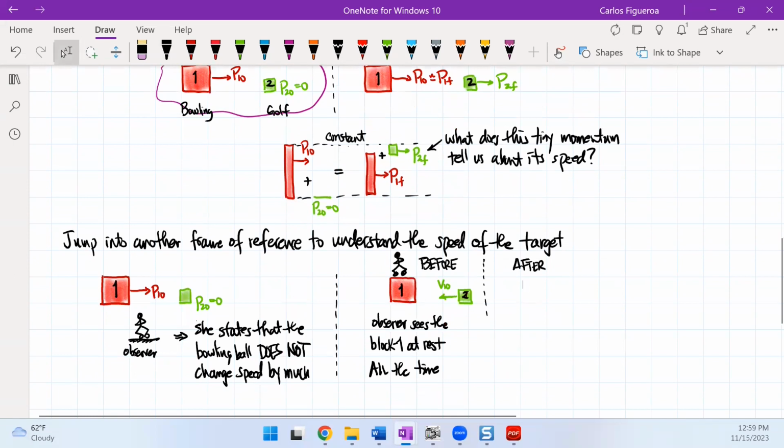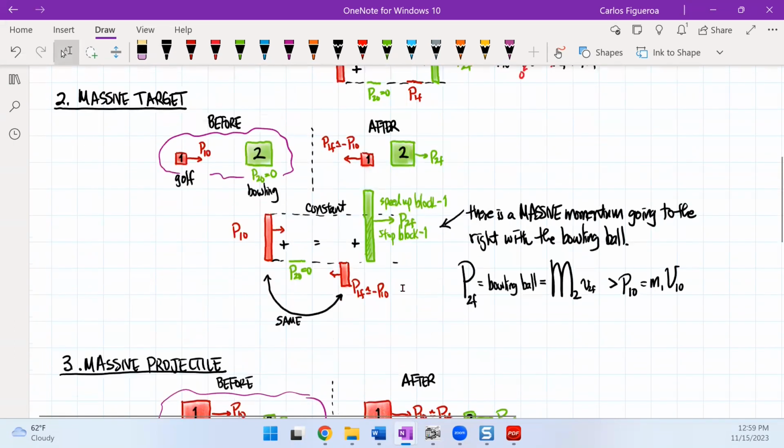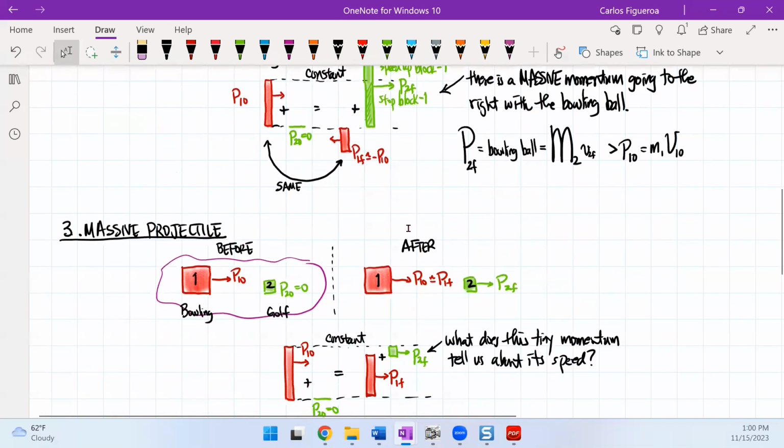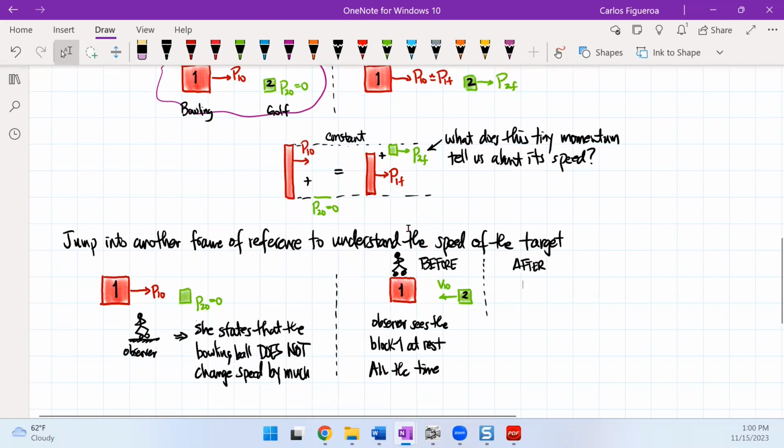I have a small projectile and a big target. But didn't we just study this right here? We sure did. So what do we expect the projectile in this case to do? It's going to bounce off, and it's going to roughly bounce off at the same speed. Afterwards, the momentum of the block is going to be moving in this direction.